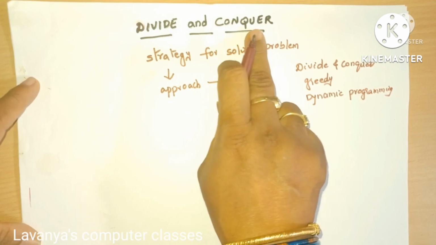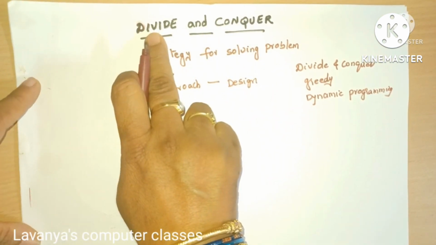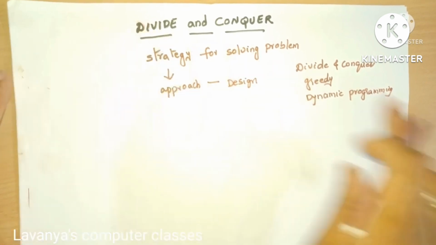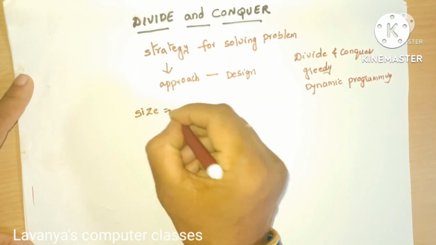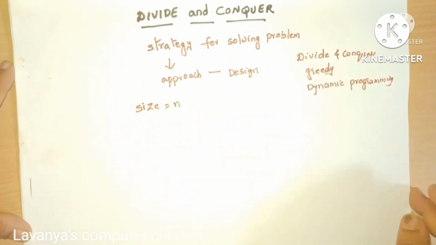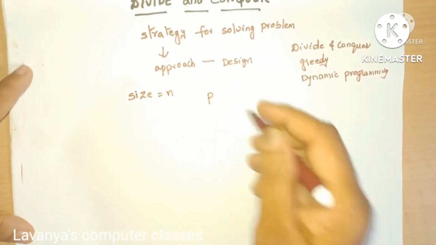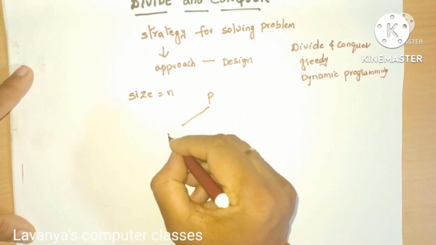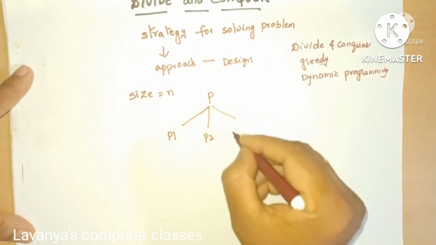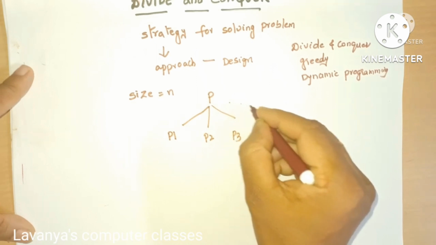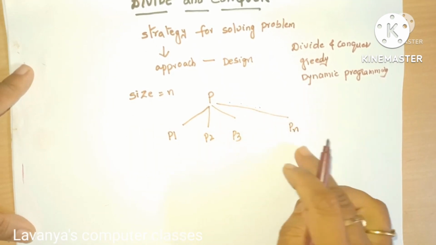But how can you get the conquer? If you want to conquer any problem, the problem will be divided into sub problems. For example, any problem with size n is a very big problem. The big problem P will be divided into sub problems P1, P2, P3, like this, up to Pn.